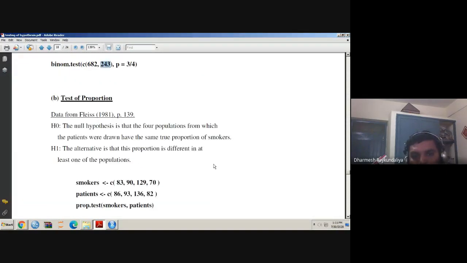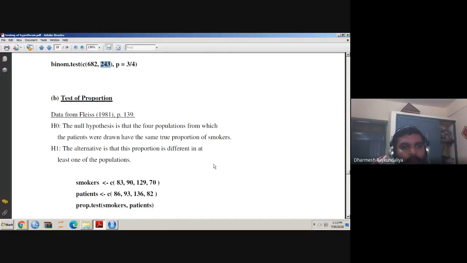Suppose the null hypothesis is that the four populations from which the patients were drawn have the same true proportion of smokers. For example, patients are admitted in four different hospitals, and we wish to identify the proportion of patients having the habit of smoking. My basic concept is that the proportion of smokers across the hospitals remains the same.